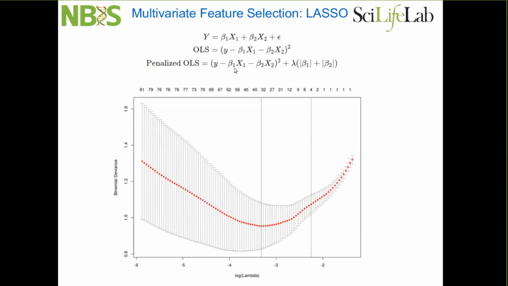This model has parameters, beta 1 and beta 2, while lambda is a hyperparameter of the model. It's a parameter that is more general than the other types of parameters. Basically all models typically have parameters and hyperparameters. Sometimes it's difficult to figure out what is a hyperparameter, but in this case, for Lasso, it's very obvious.